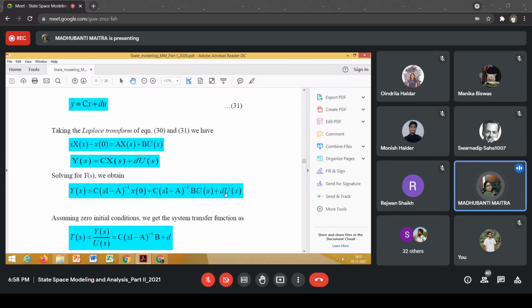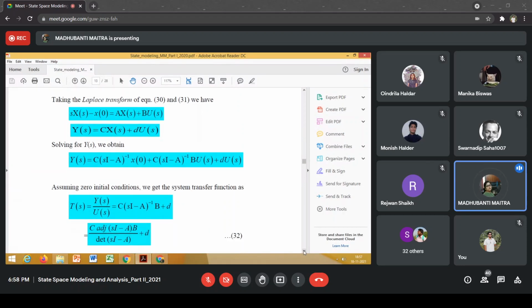Why small d? Because U(s) is the single input. So the transfer function is given by Y(s) by U(s). So our transfer function T(s) will be Y(s) by U(s), and that will be equal to C (sI minus A) inverse B plus d.